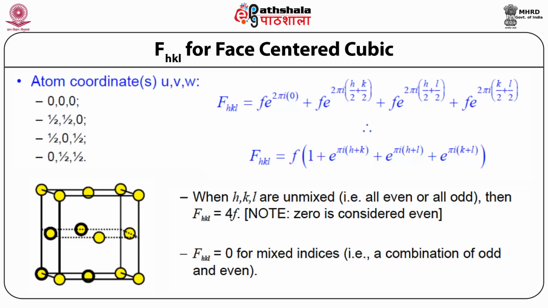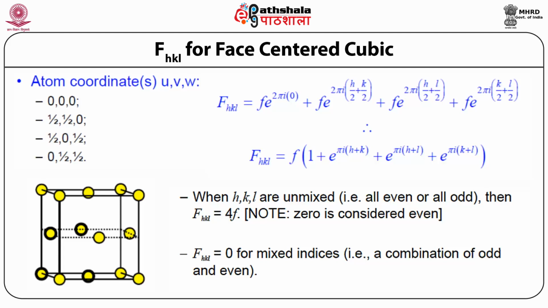And if that condition is not met, you will see that two of them are coming with a positive sign and two of them with a negative sign, and they cancel each other, and the structure factor becomes 0. So the peaks will exist only when all HKL are even or all HKL are odd.